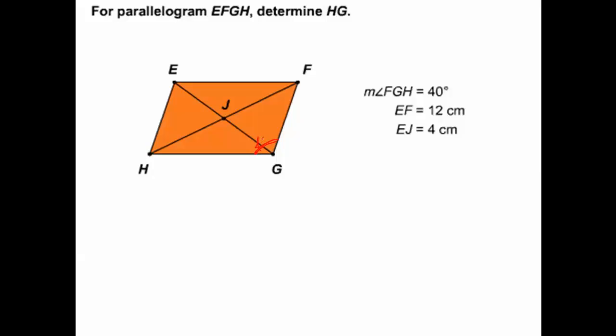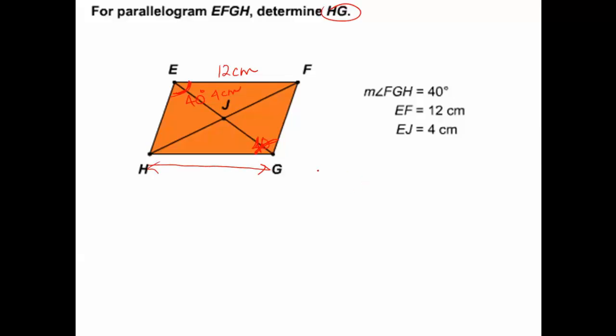You can't see my marker very well. So that also tells me this angle over here is also 40 degrees. Just can't see it on that orange. Now they tell me that segment EF is 12 centimeters and that EJ, oh, that would be half the diagonal, is 4 centimeters. Okay, well, all I have to worry about is HG, which is this distance right here.